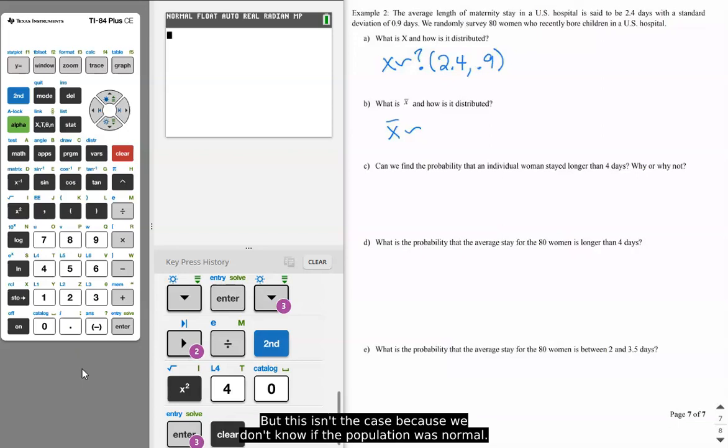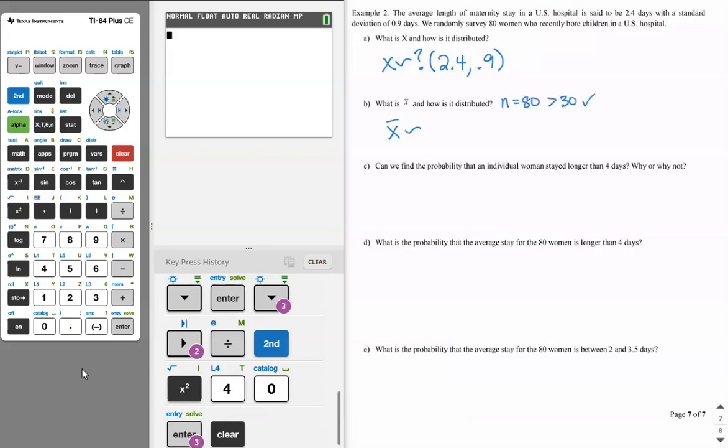So we then can look at the other case, which is as long as it's a large enough sample size, then the sampling distribution of the sample mean should be normally distributed. And in this case, our sample size is 80, which is greater than 30. So the sampling distribution of the sample mean should also be normally distributed. So it would have a mean of 2.4.